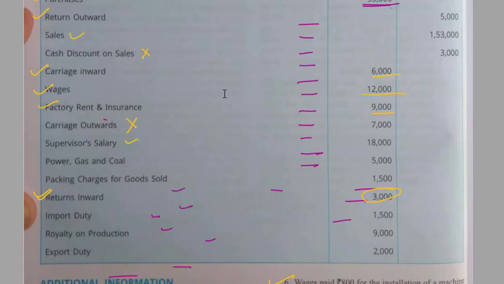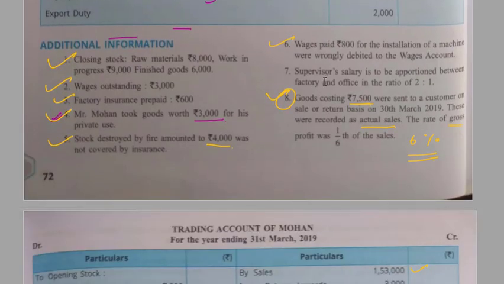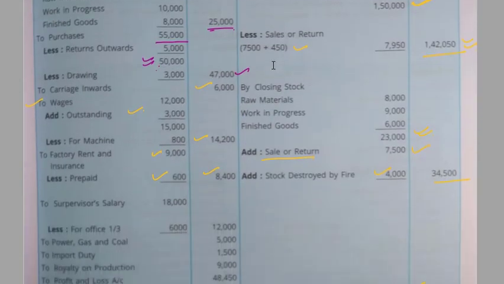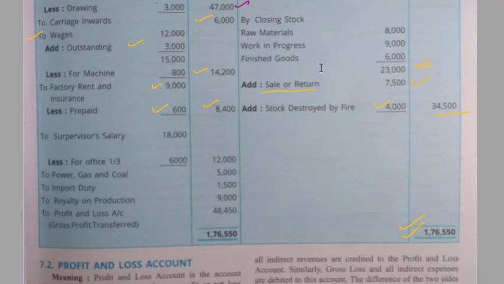Then supervisor's salary is 18,000. Now in the additional items we saw that out of 3 parts, 2 parts are for factory and 1 part is for office. So this 1 part which is for office, we have to subtract from supervisor's salary. So how will I divide this 18,000 in the ratio 2:1 and get the answer for this 1 part?